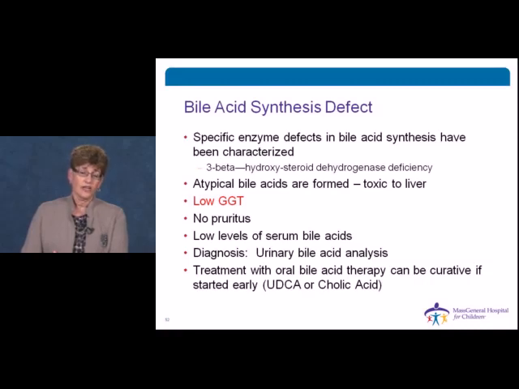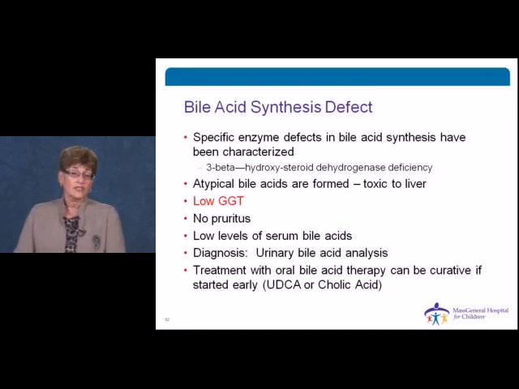and those atypical bile acids are toxic to the liver. Because they are atypical, they don't get released into the biliary system, and so again, there's a low GGTP here. And because these bile acids don't get released, there is no pruritus associated with it. And so that also distinguishes this set of defects from the other defects causing intrahepatic cholestasis.